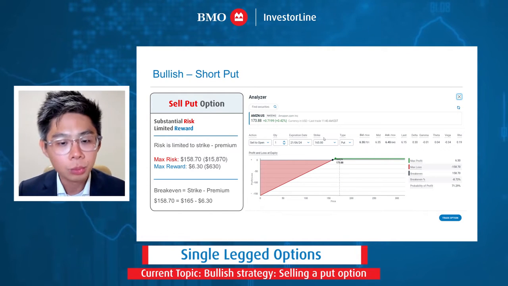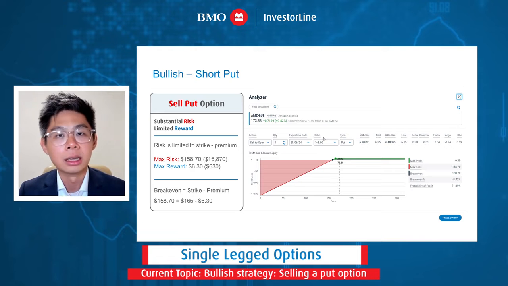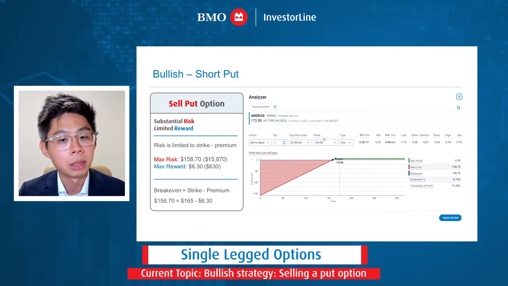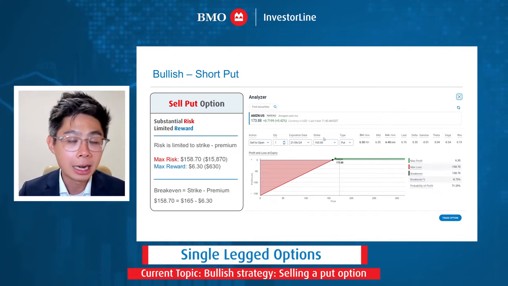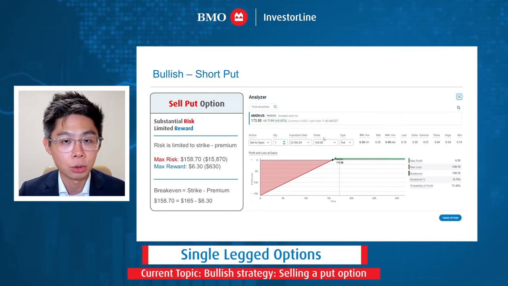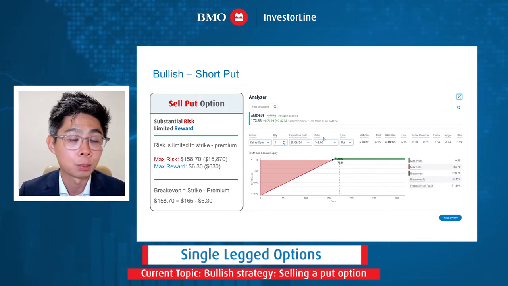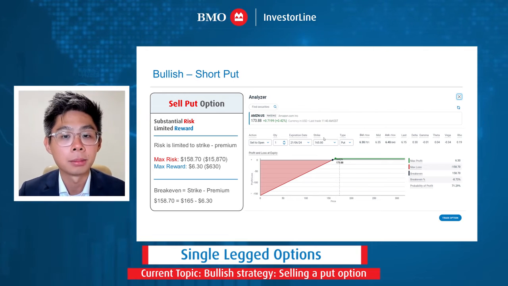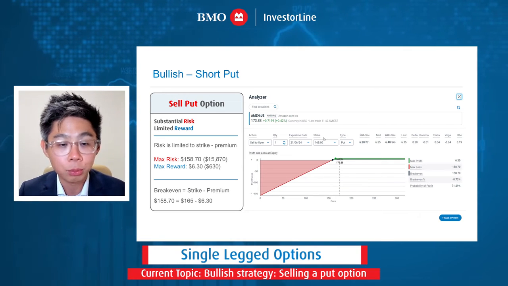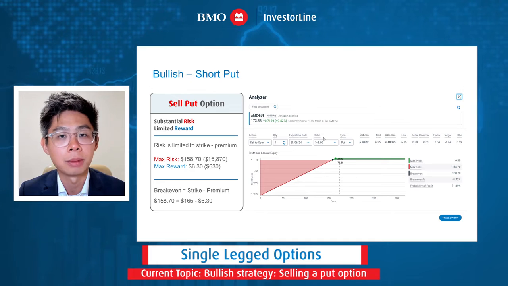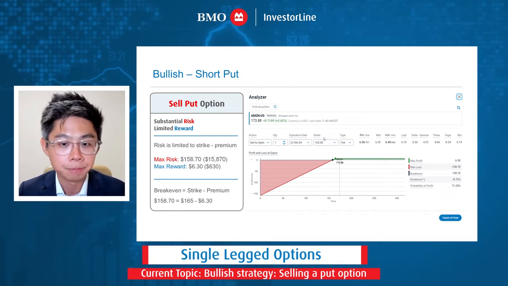And what you receive with this is limited upside participation, meaning the most you can make when you sell any option is the premium that you collect. So $630 per contract is the maximum potential profit that you can make when you sell a put option.